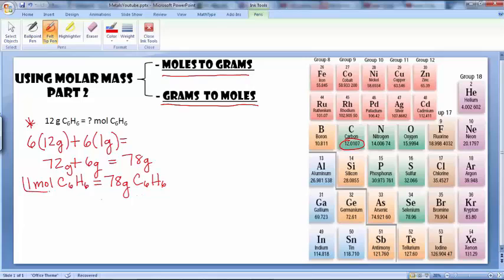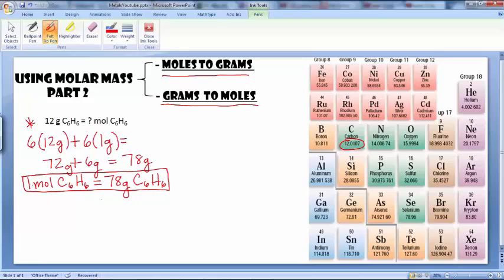So as I stated in the last video, that was our first step. Now we've calculated the molar mass. Now let's go from grams to moles.